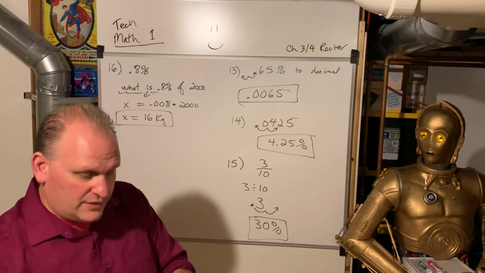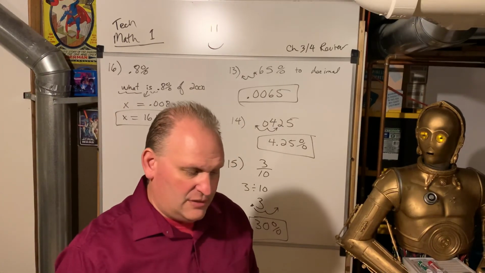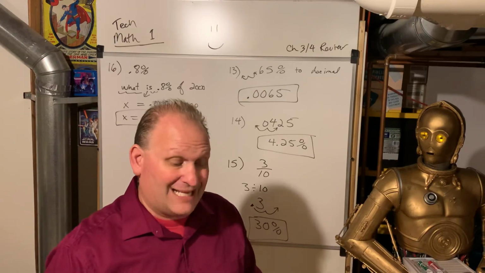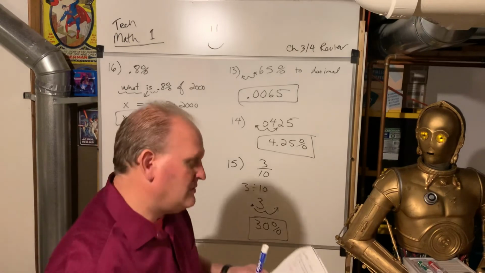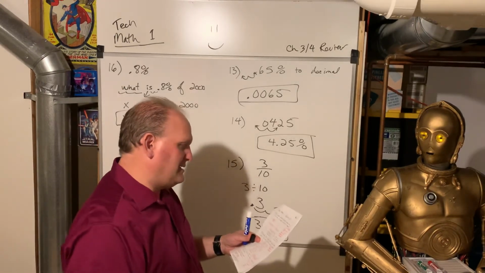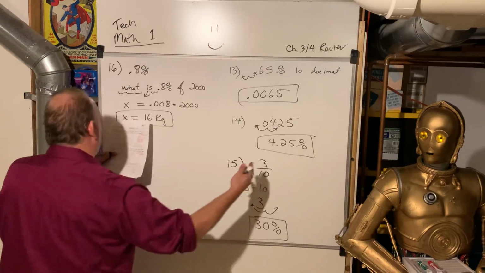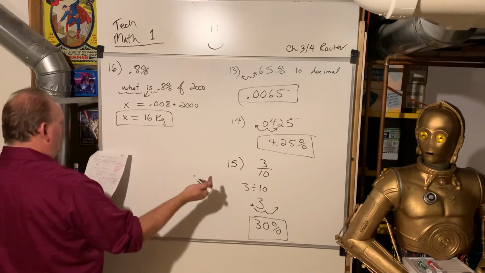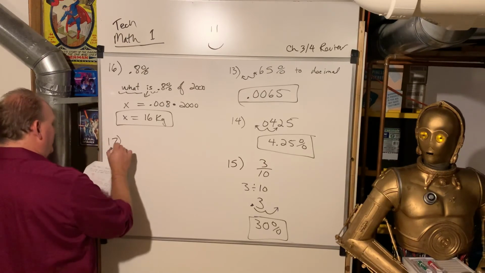17, to make 260 kilograms of bronze, they use 223 kilograms of copper. What percent is copper? So yeah, there's a couple of ways to do this. I think the easiest is just think of what a percent is. It's part over the whole times 100, and that's going to be the percent. So think of it as a test.